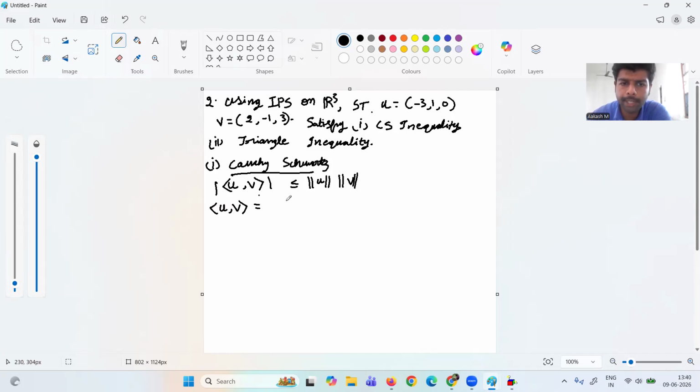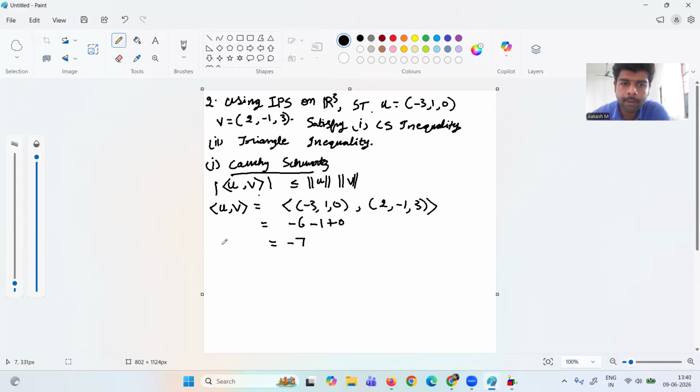What is u here? u is (-3, 1, 0). What is v? (2, -1, 3). So with usual multiplication of corresponding elements, -3 into 2 is -6, -1 into 1 is -1, 0 into 3 is 0. So your answer is -7. For the LHS you need to take the modulus also.